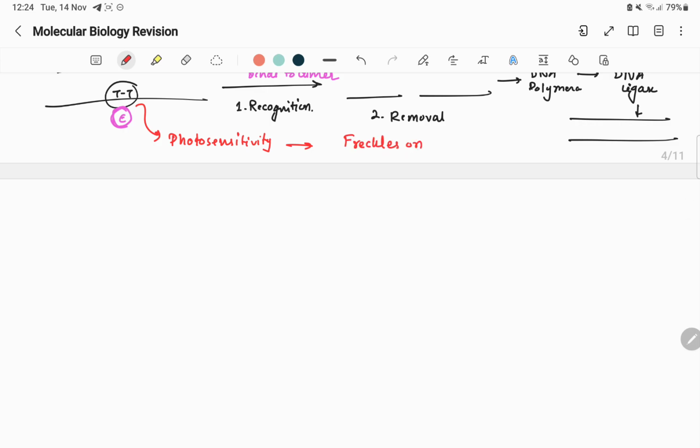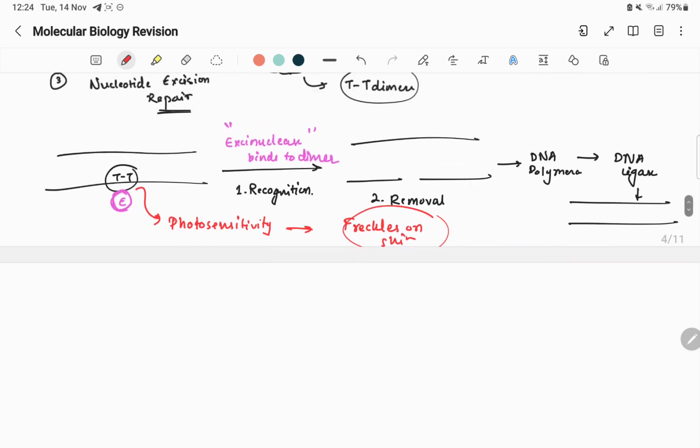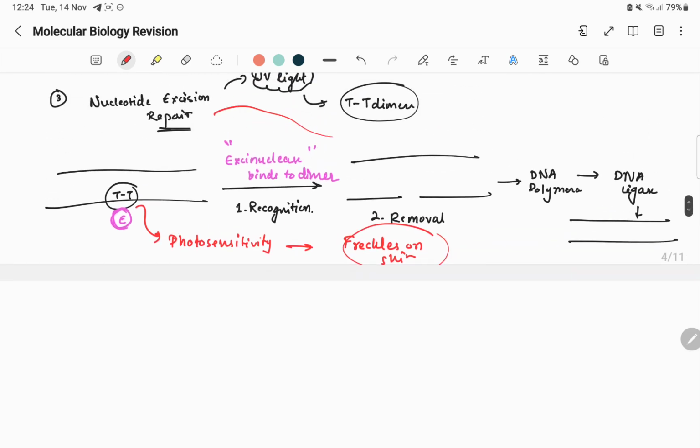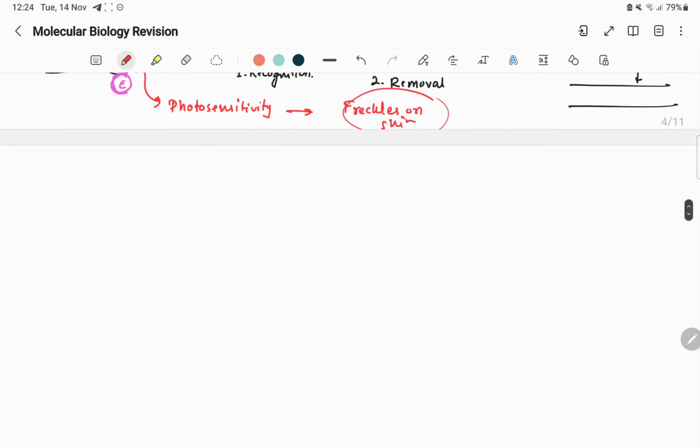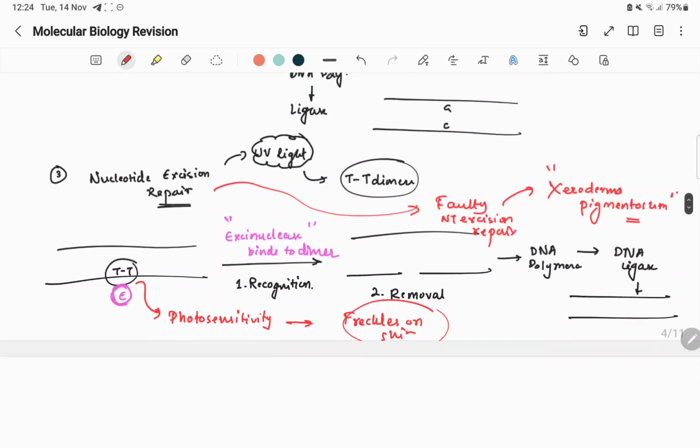And if you have faulty nucleotide excision repair, then you will suffer from a condition called xeroderma pigmentosum. Understood? Xeroderma pigmentosum.